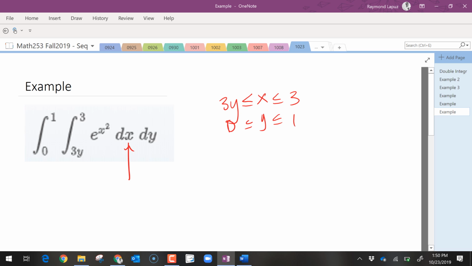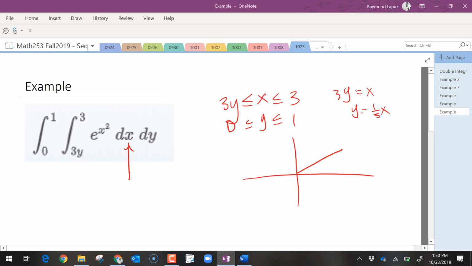Okay, so let's draw that. x is equal to 3. I do better if I write this in terms of y, so I see a slope of 1/3, not very steep. And then my x is equal to 3, and my y goes from 0 to 1.